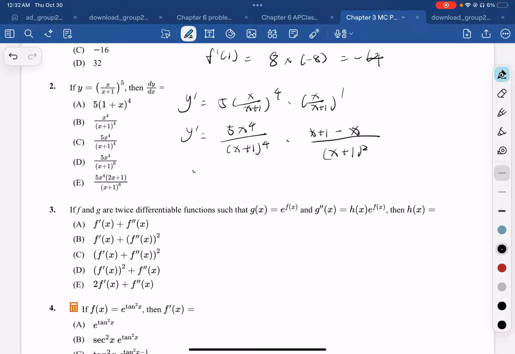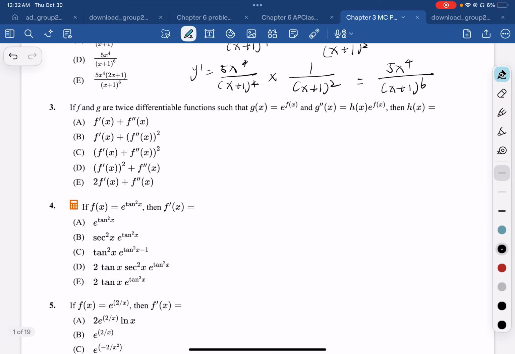So we got y prime equals 5x raised to power of 4 over x plus 1 raised to power of 4 times 1 over x plus 1 squared. And because it's a multiply, the powers of the denominator should be added together. So the final answer is 5x raised to power of 4 over x plus 1 raised to power of 6. So we got D for this one.